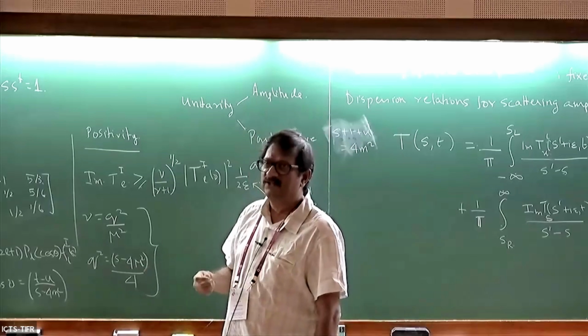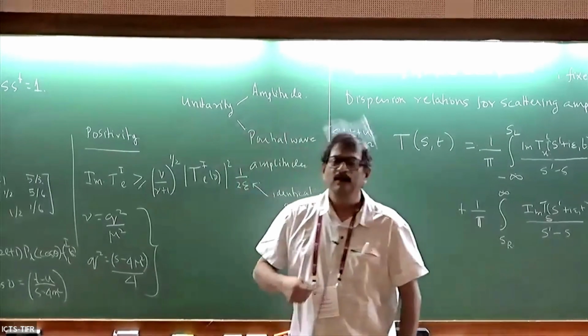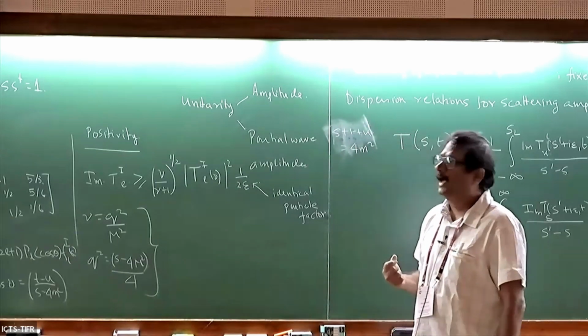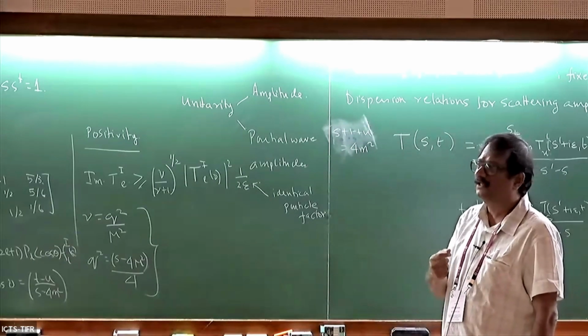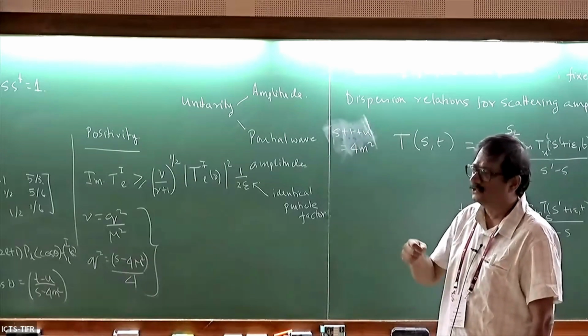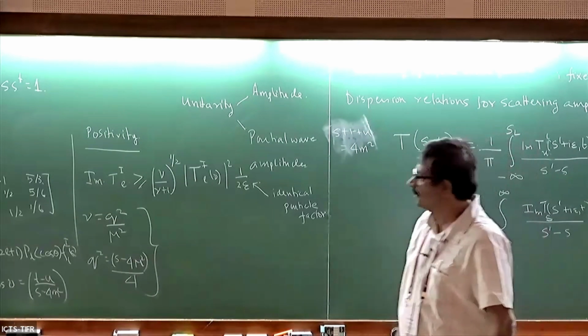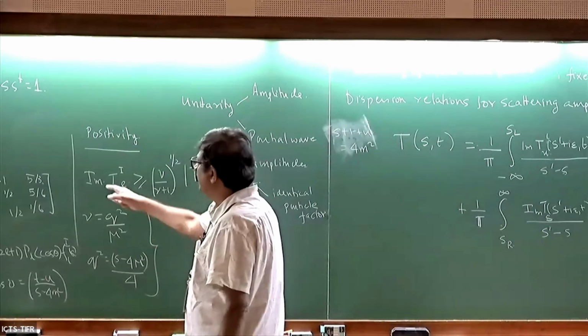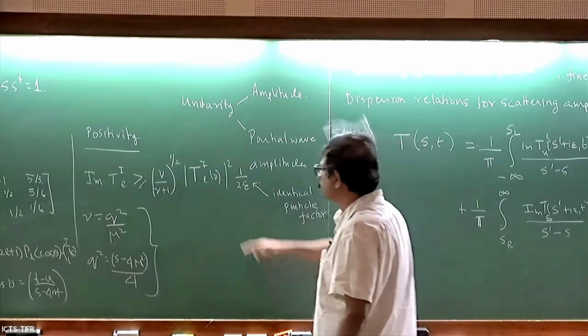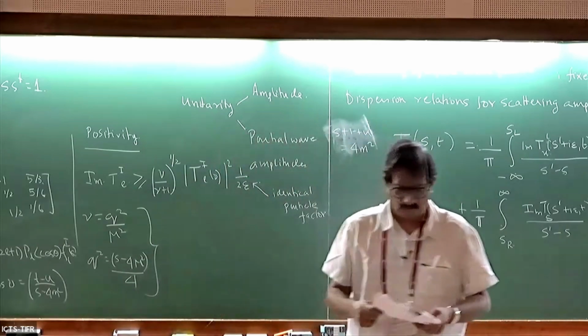If it is inelastic, you have two parameters. One of them is a phase shift, the other is the elasticity parameter. And the way it manifests itself is that in the Argand plane, when you cross the inelastic threshold, it goes into the Argand circle, okay? Thereby proving that the imaginary part of T_IL is greater than the square of this. Okay, good.